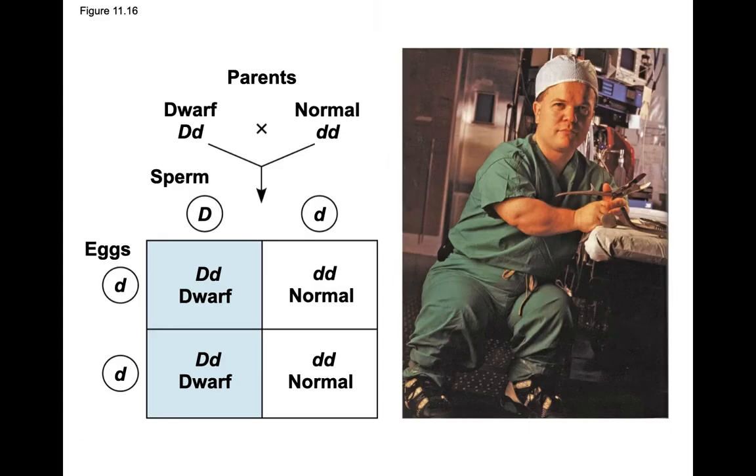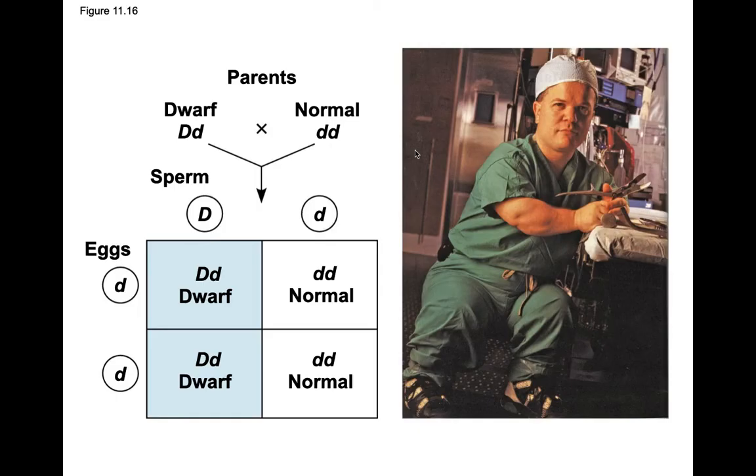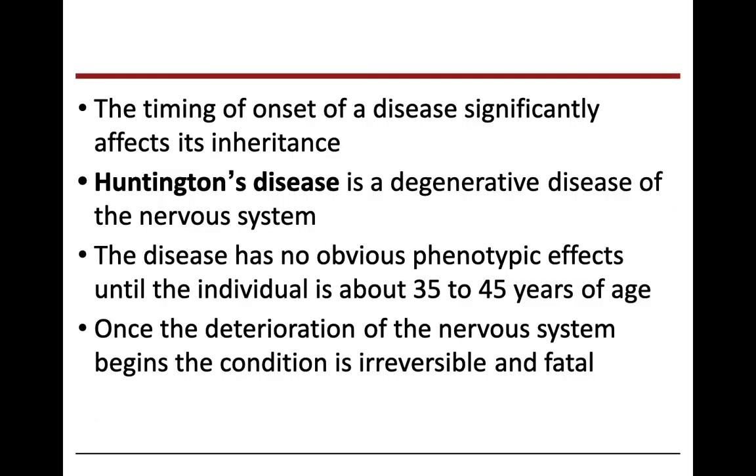And we can see that with dwarfism, which is known as achondroplasia. I'm going to really screw this up. Achondroplasia. There we go. Where we have a dominant allele interacting with normal alleles, causing a 50-50 expression.